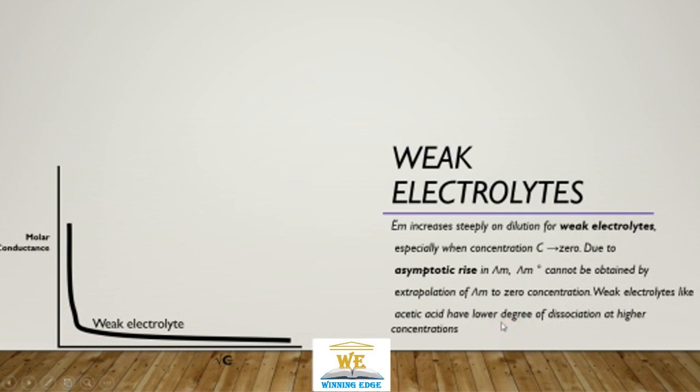And they have a small degree of dissociation. We can calculate the degree of dissociation by taking a ratio of the molar conductance of the electrolyte at a particular concentration with the limiting molar conductivity of the same electrolyte.